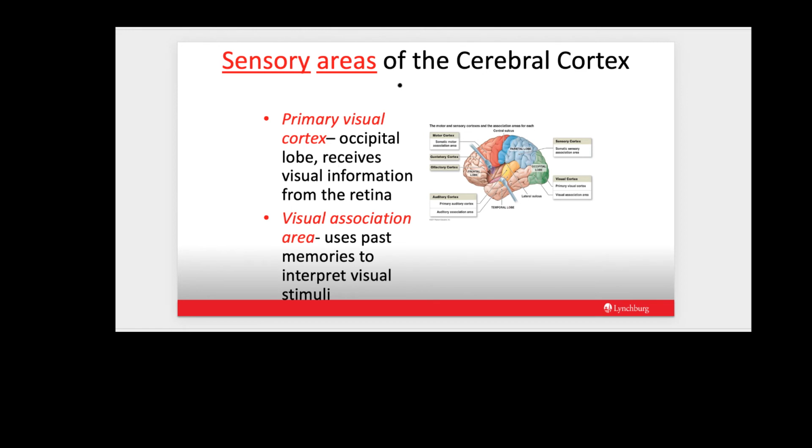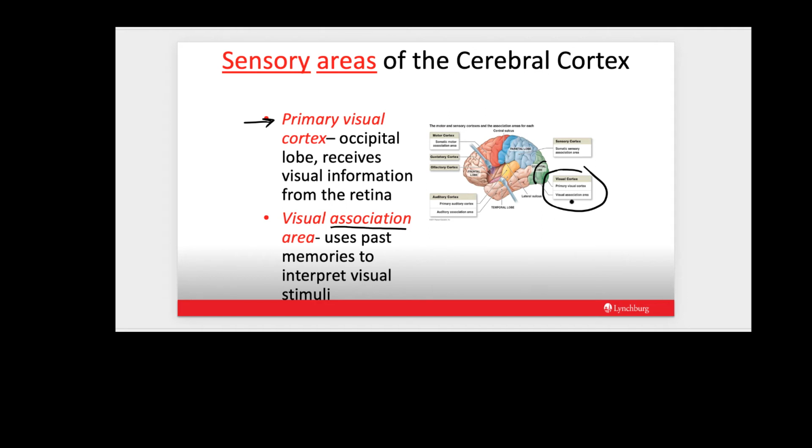Okay. We also have a primary visual cortex. Sensory information from the eyes is going to be relayed posteriorly. Here's our visual cortex, and this is going to be the occipital lobe. So we've got primary visual cortex that's back in the occipital lobe. We also have a visual association area.